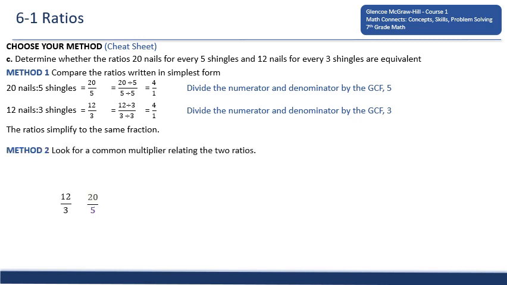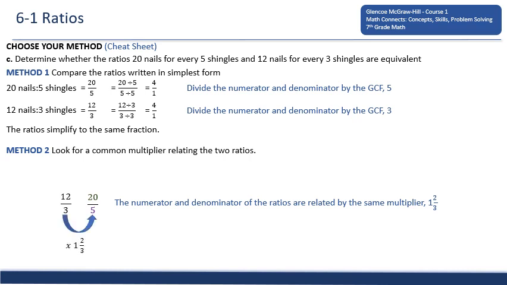So let's look for a common multiplier relating the 2 ratios. The numerator and denominator of the ratios are related by the same multiplier, 1 2/3. So if we multiply 3 times 1 2/3, we'll get 5. And remember that we can't actually multiply by mixed numbers, so we're going to change 1 2/3 to 5/3, and then we can multiply it.